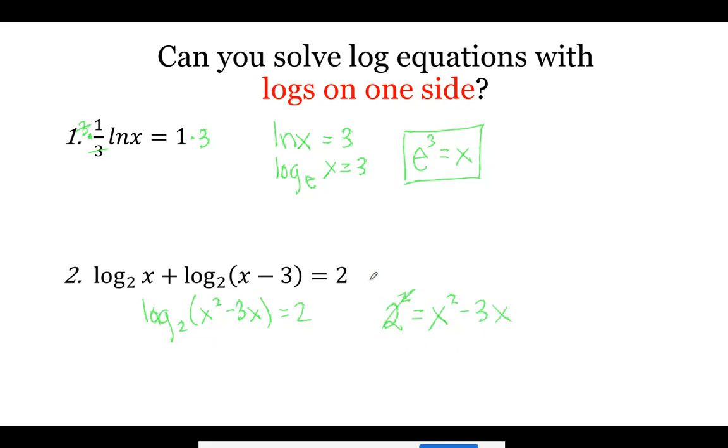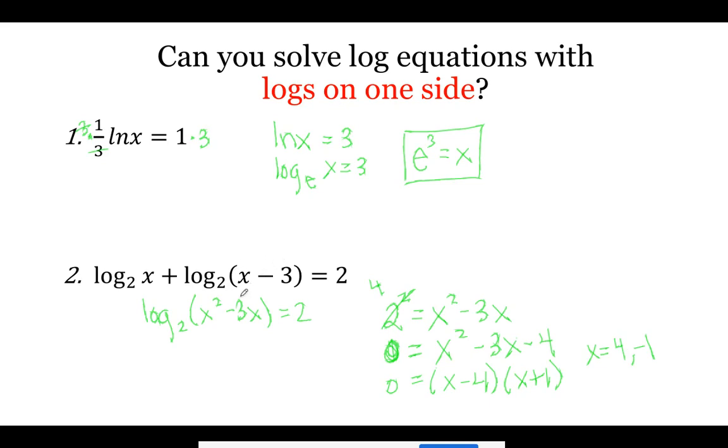That's 4, isn't it? So 0 equals x squared minus 3x minus 4. Is that factorable? Sweet, it is. x minus 4, x plus 1 equals 0. So you got that x is 4 and x is negative 1.